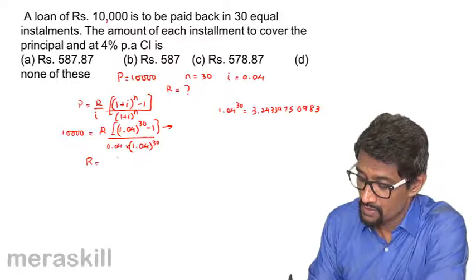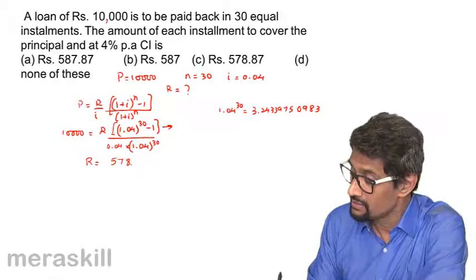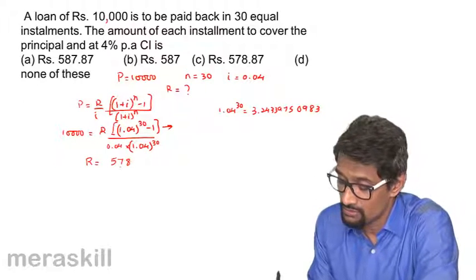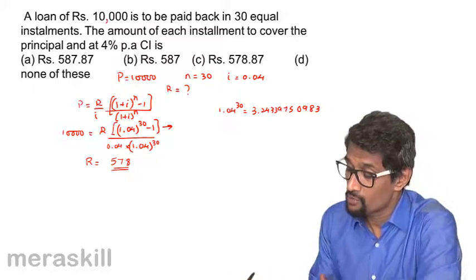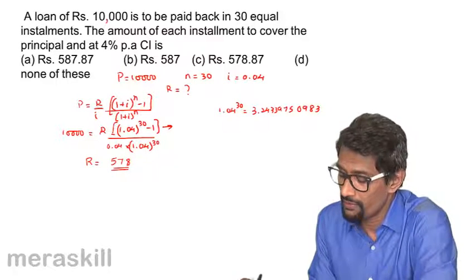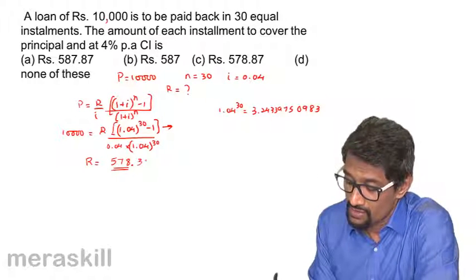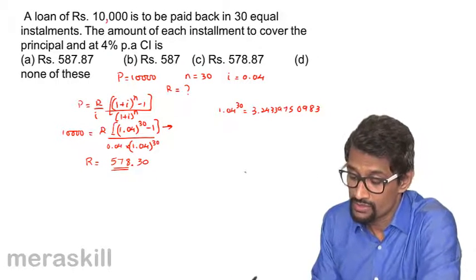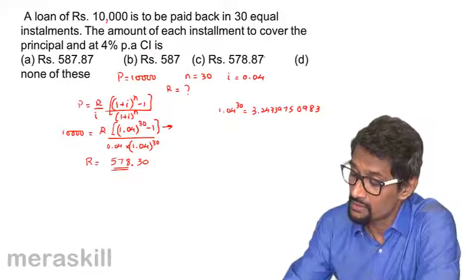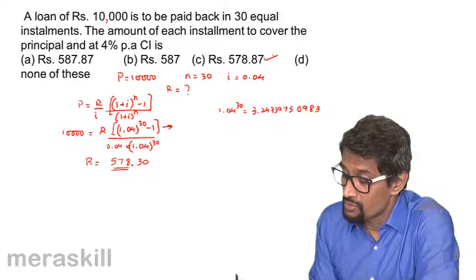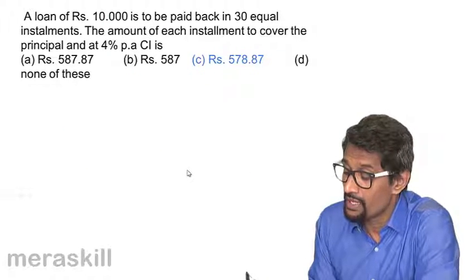So R turns out to be around 578.30, and the closest among these is this. Yes, this will be the answer.